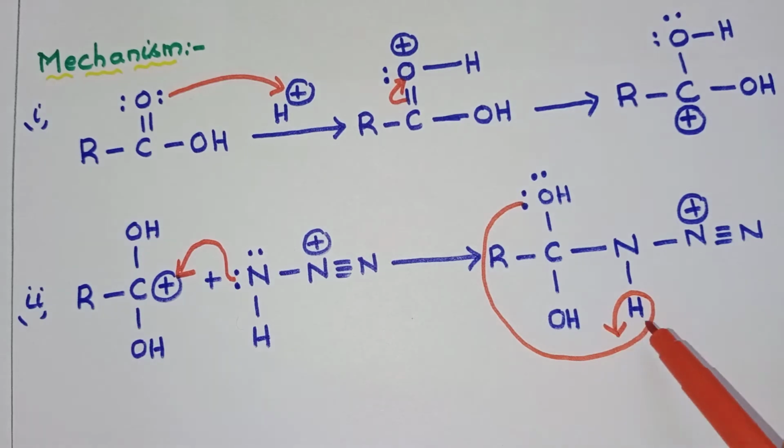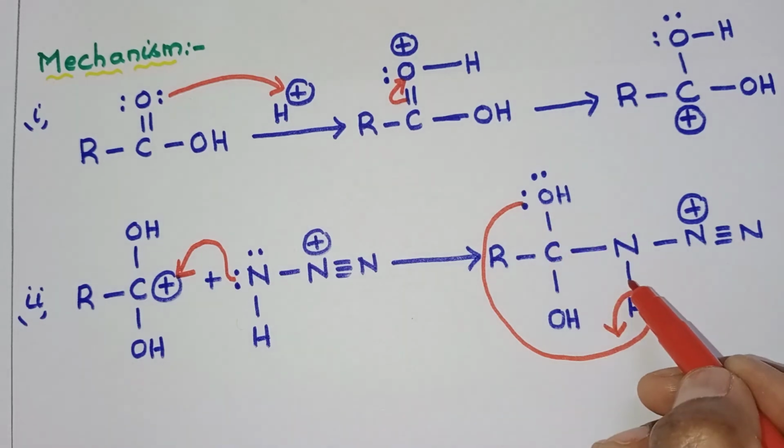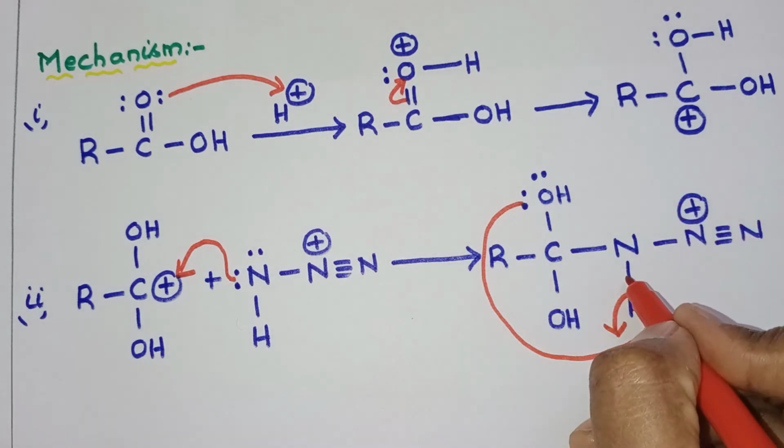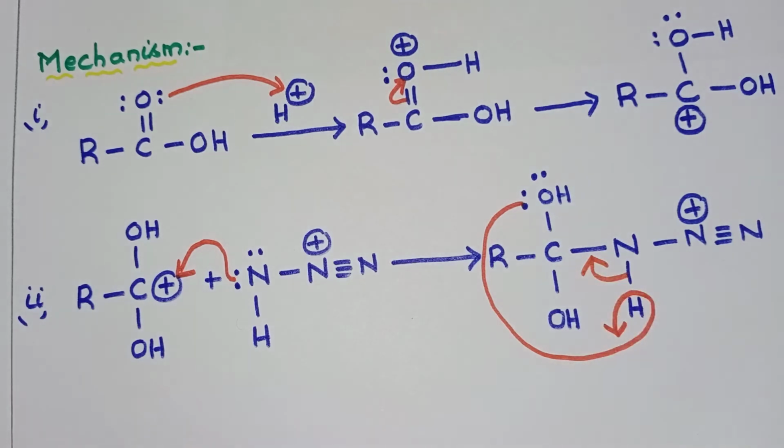So now this hydrogen goes to this oxygen. Now what happens to this bond? This will be shifted this side. Okay, understood? Here we started like nitrogen sharing its pair of electrons with the positively charged carbon, and a bond is being formed here.